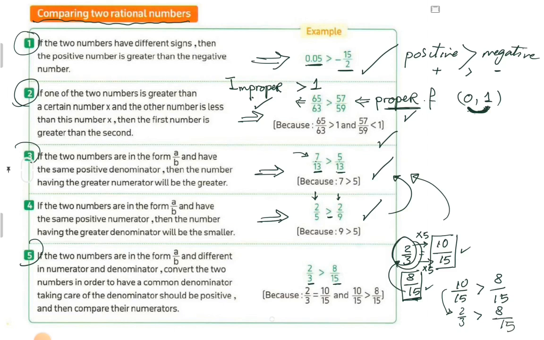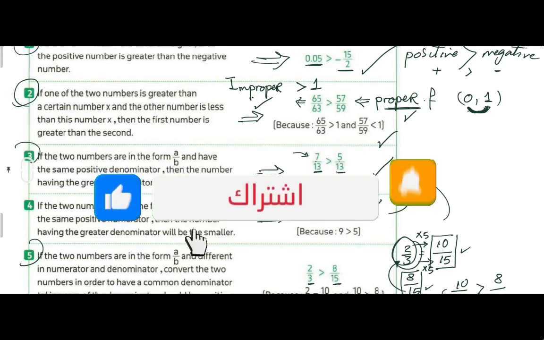Now I can compare these two fractions this way, finding the like denominator so I can compare the numerators easily. Okay, and this is the end of part number 1, and thank you.